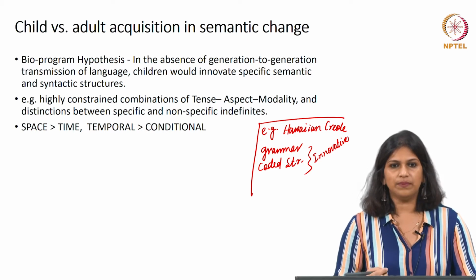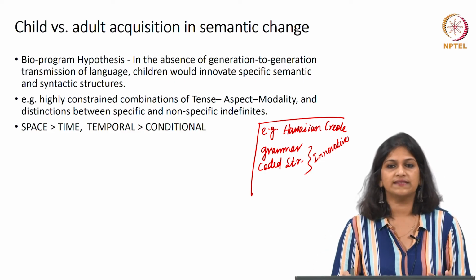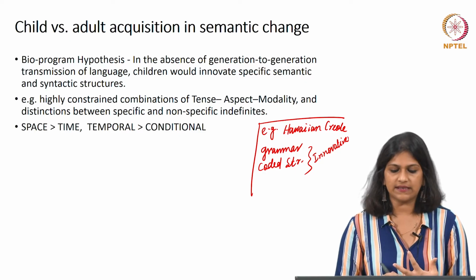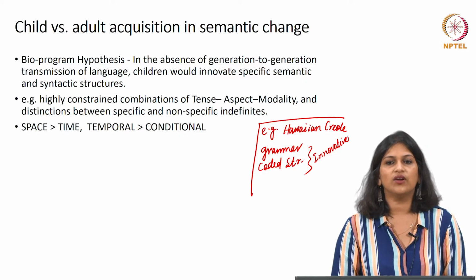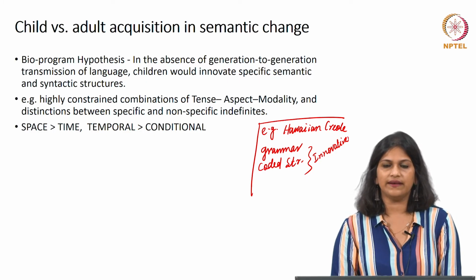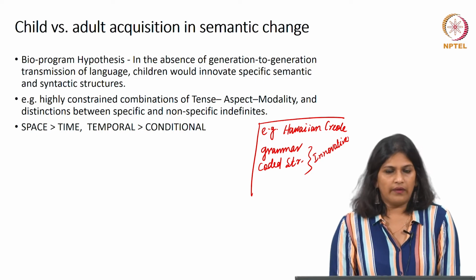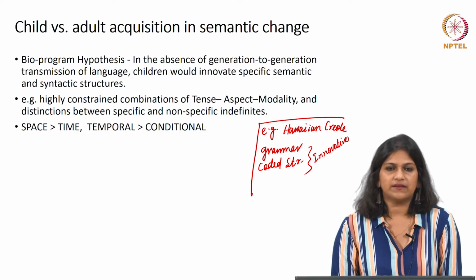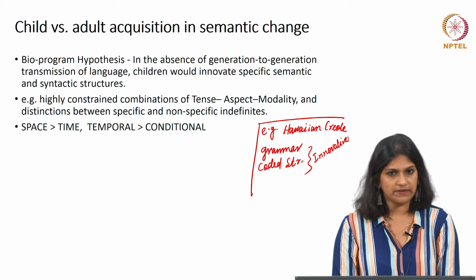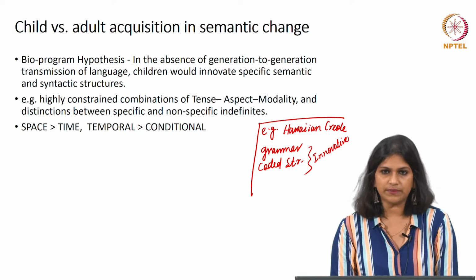As an example, we can have highly constrained combinations of tense, aspect and mood, and distinctions between specific and non-specific indefinites. When you look at the indefinite article, English has two, a and an. As far as tense, aspect and modality are concerned, we have various kinds of moods, and various kinds of aspect, perfective and imperfective, or progressive. Then we also have tense: present, past and future.